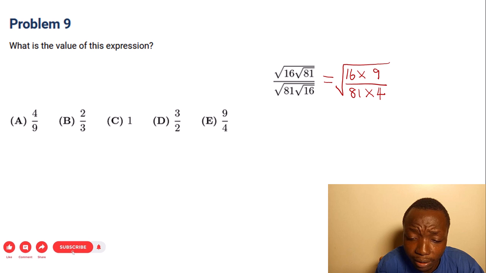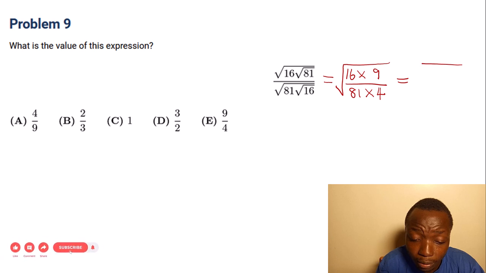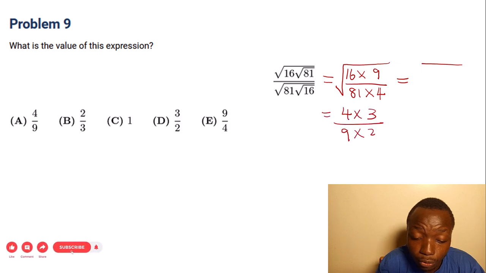Here, you don't even need the square root sign anymore. So you're just going to have 4 times 3 over 9 times 2. So 2 cancels 2, 3 cancels 3. At the end of the day, you're going to have 2 over 3 as your answer.